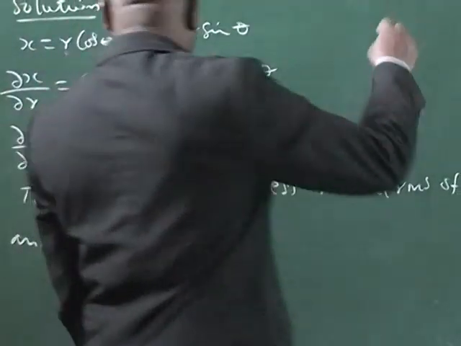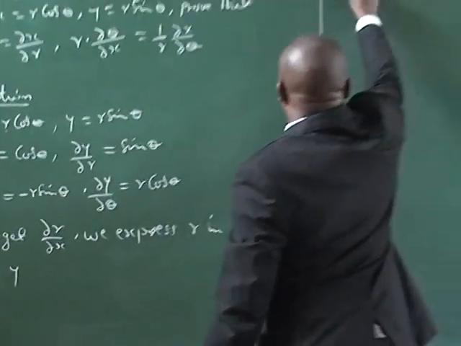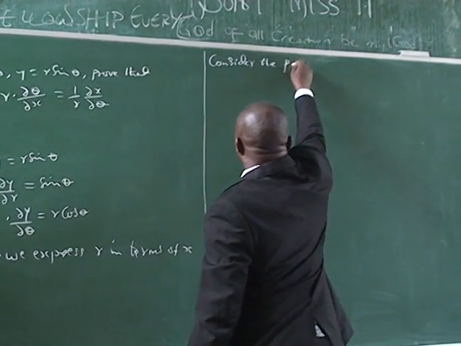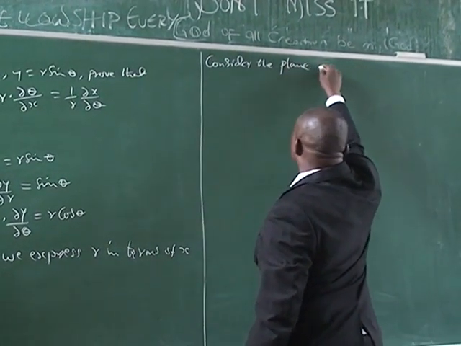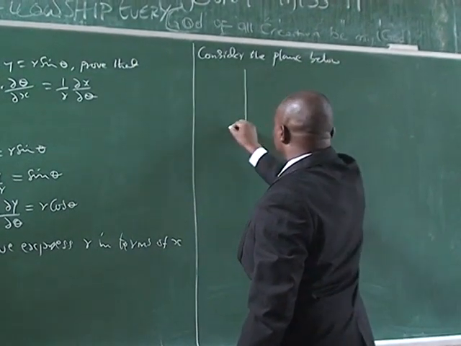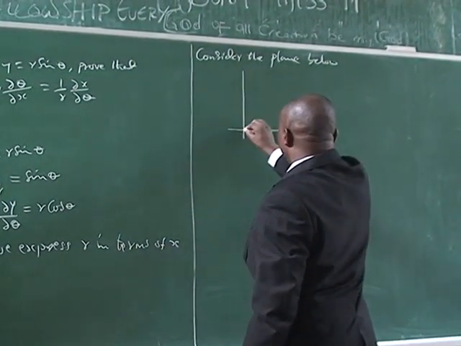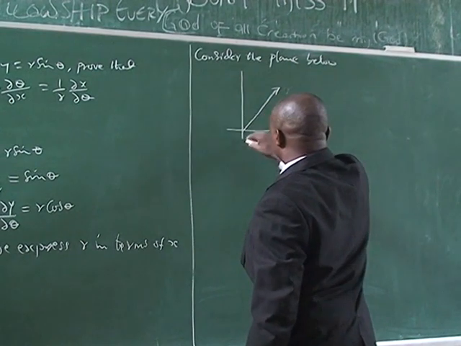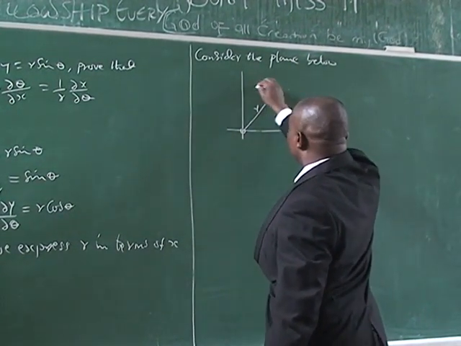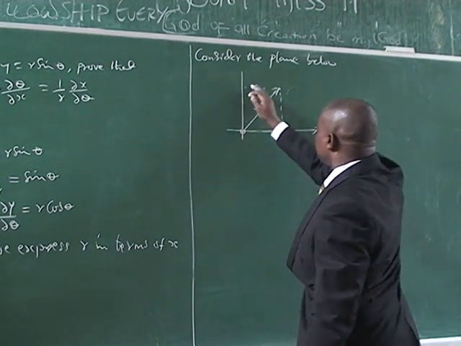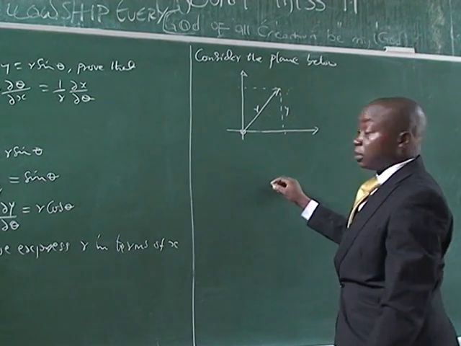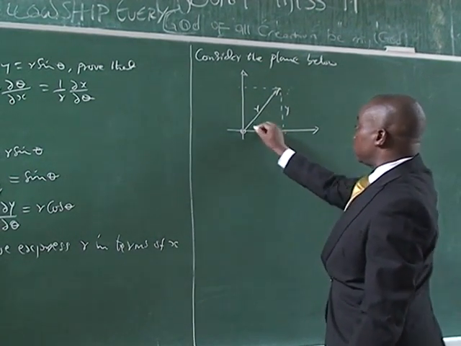Now consider this plane. Consider the xy plane below. Now on this plane, if this is r, given the magnitude of r, we know that this side is y, this is the y coordinate, and this one is x, so we have theta.